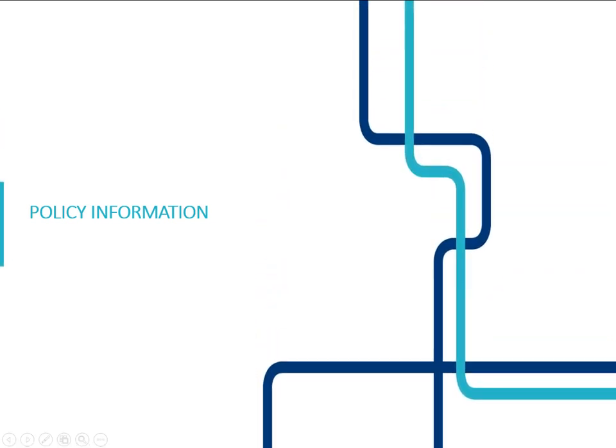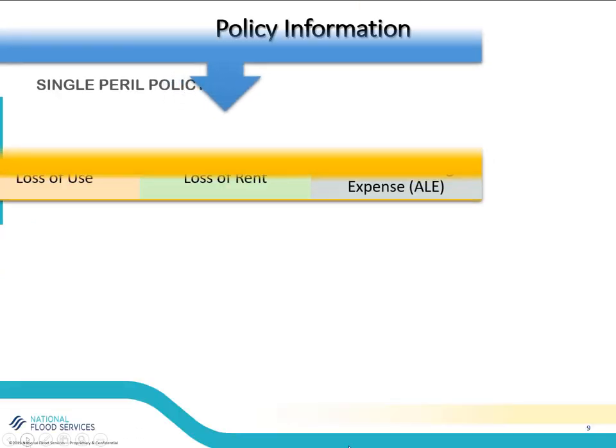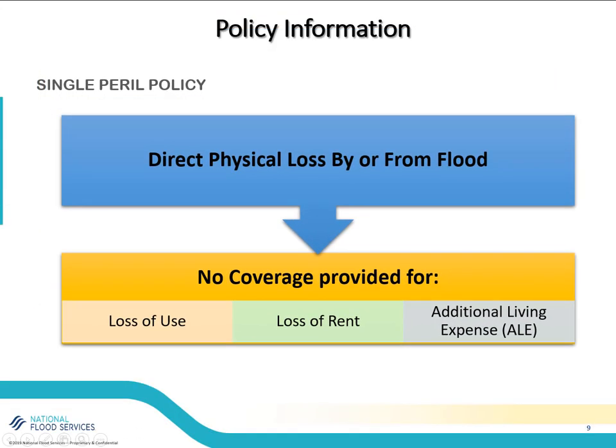Now that you have an introduction to the flood program, our next section we're going to cover is some policy information. The flood insurance policy is a single peril policy that only covers direct physical loss by or from a flood.